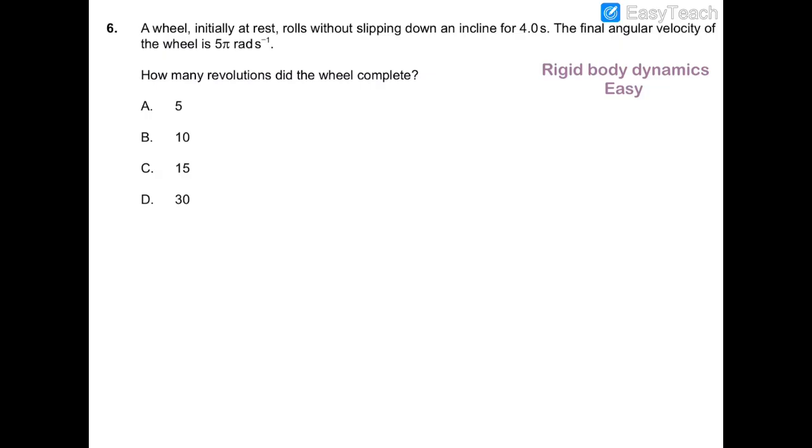So we will be using this formula, which is omega 2 square is equal to omega 1 square plus 2 alpha theta. Omega 2 is 5 pi, so this is (5 pi) square is equal to 0 plus 2 alpha theta.